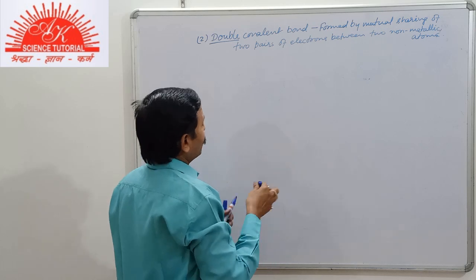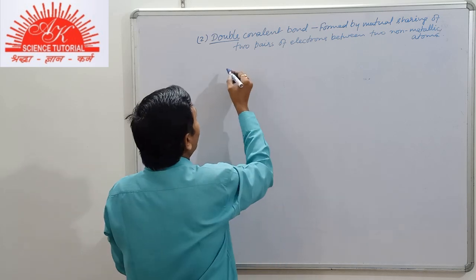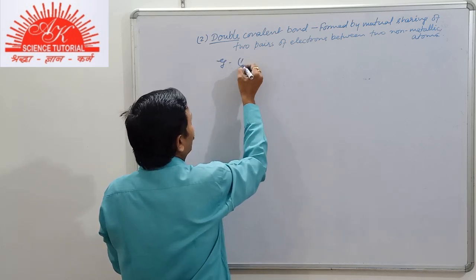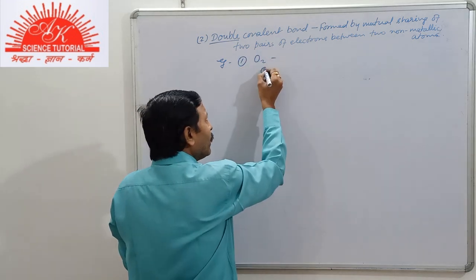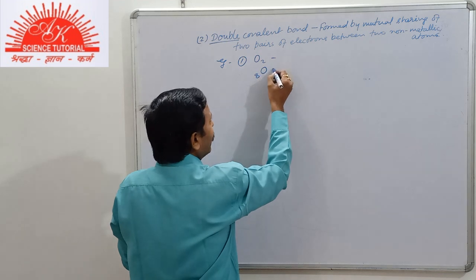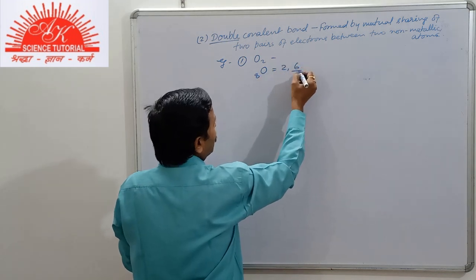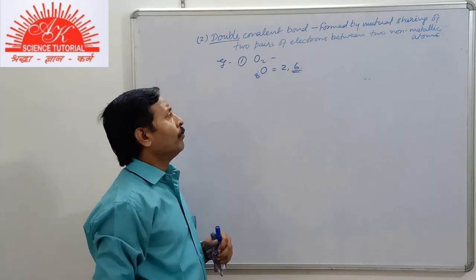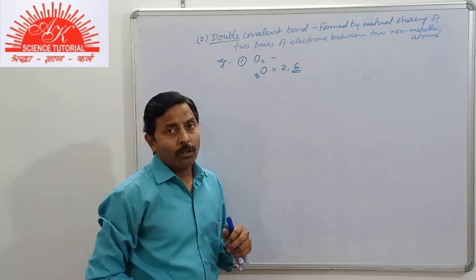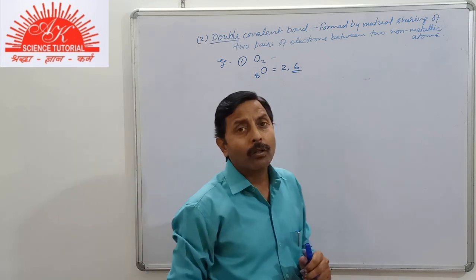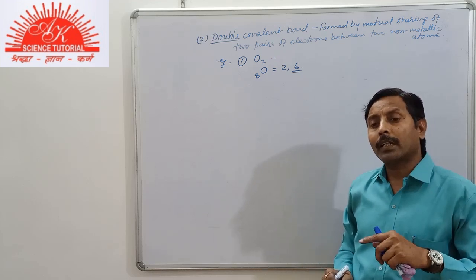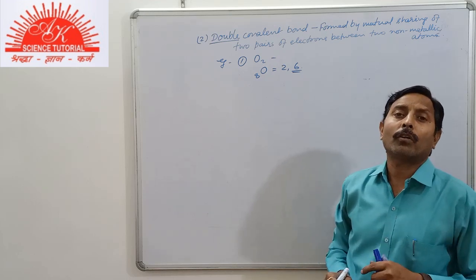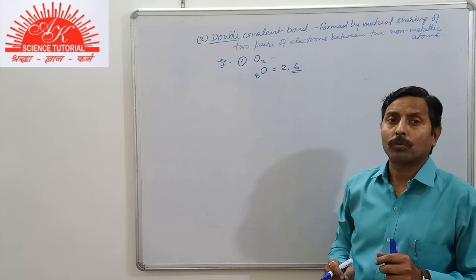Now you see here an example. First O2. The atomic number of oxygen is 8, configuration 2, 6. So one oxygen atom requires 2 electrons to become stable, to complete its octet. At the same time another oxygen atom also requires the same number of electrons, that is 2.